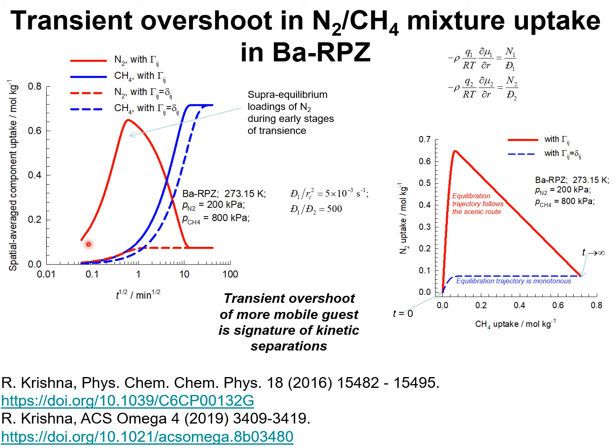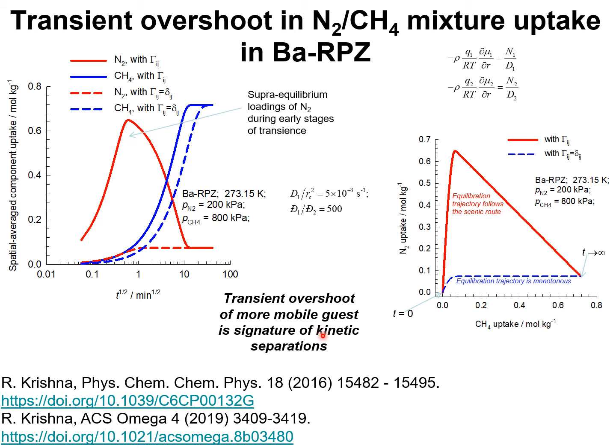And we note there that if thermodynamic coupling factors are duly accounted for, there is a significant overshoot in the component uptake of nitrogen, and this overshoot is beneficial for the kinetic separation of nitrogen-methane mixtures.